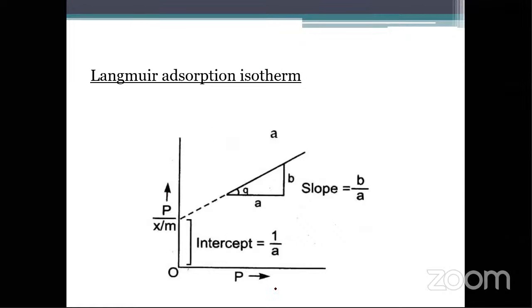By taking P, that means pressure, on the x-axis, and P upon x upon m on the y-axis, you will get a straight line, and if you extrapolate, it will intersect the y-axis. From that you will get the intercept value. From that you can easily calculate the value of A, and the slope is equal to B upon A. So the values of A and B can be calculated with the help of the intercept value and slope value.